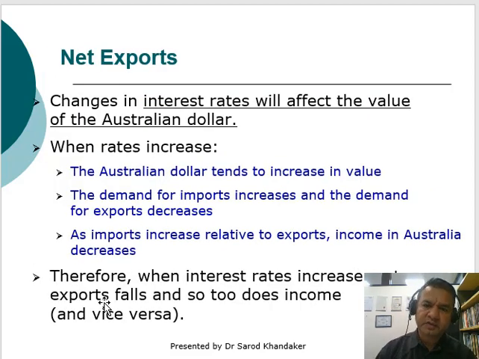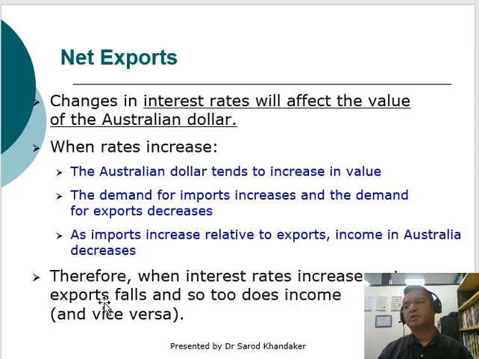And it will have a similar impact on net exports. A change in the interest rate will affect the value of the Australian dollar. When the rate increases, the Australian dollar tends to increase in value, and the demand for imports increases and the demand for exports decreases. So just think about it.